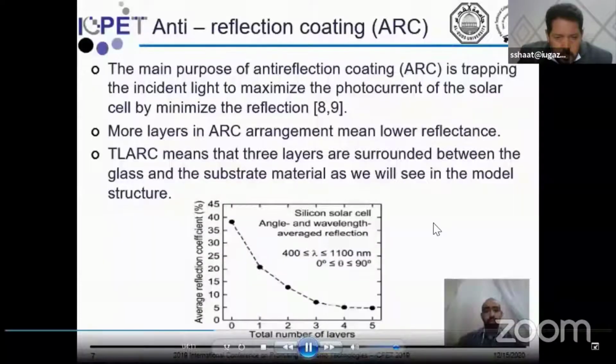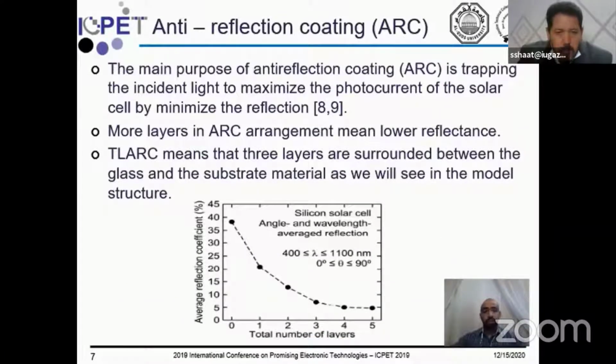Anti-reflection coating exists on the upper surface of the cell to reduce the reflection of the incident light, where more layers in anti-reflection coating mean lower reflectance, as shown in the figure below.